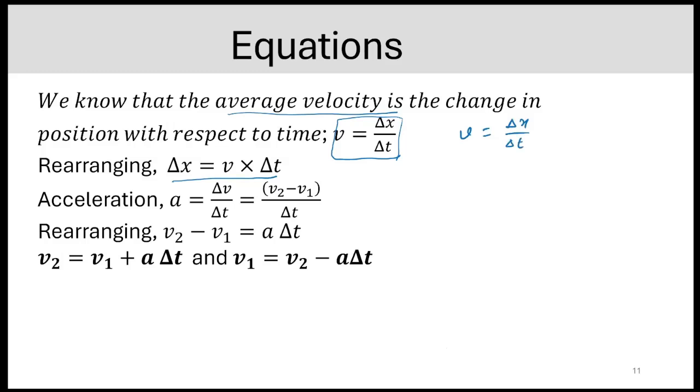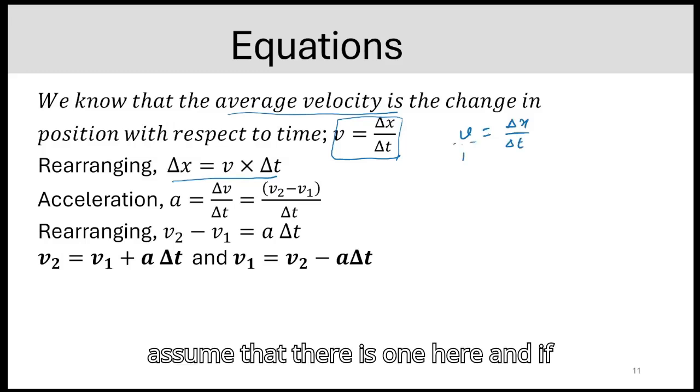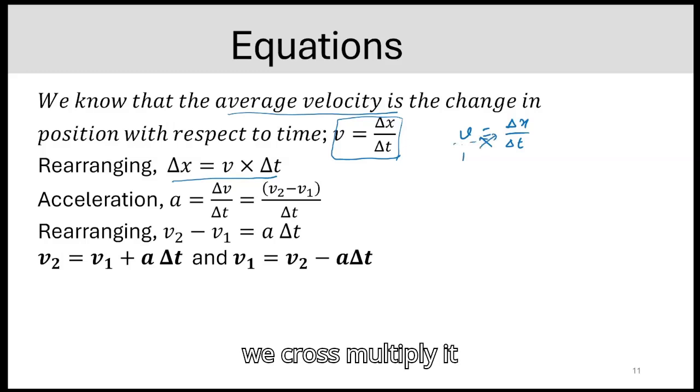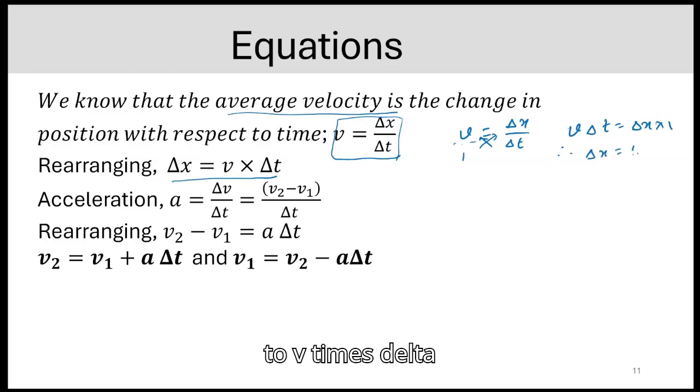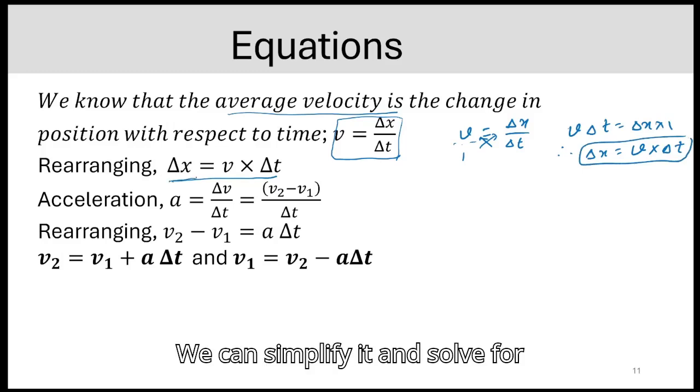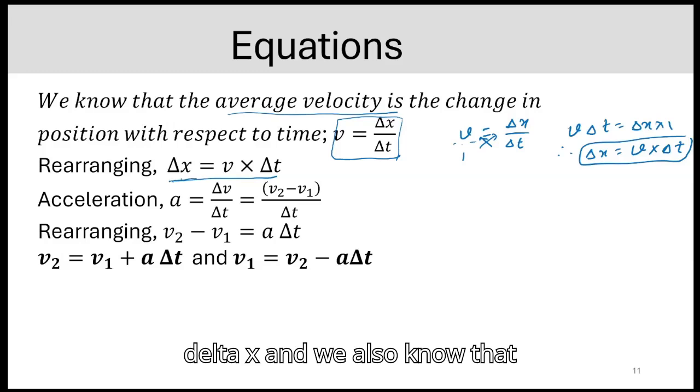We can assume that there is a 1 here, and if we cross multiply, v delta t is equal to delta x times 1. Therefore delta x equals v times delta t, right? We can simplify it and solve for delta x.